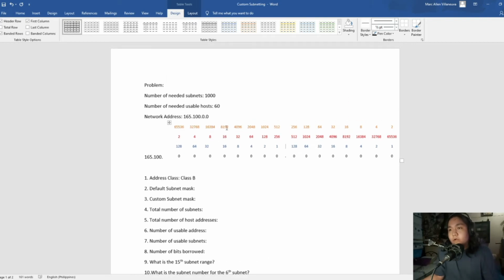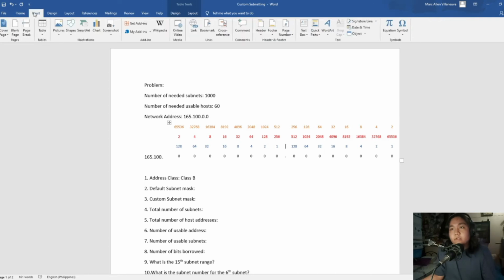Now we have our needed subnets, which is 1000. As you can see in our subnet, we don't have 1000. So what we need to do is find the nearest number after 1000. In our given subnets, we have 1024.